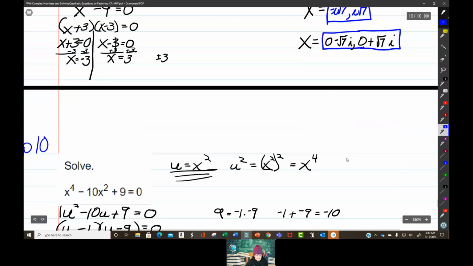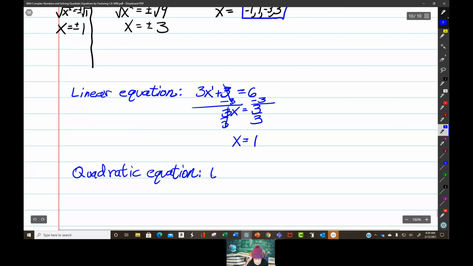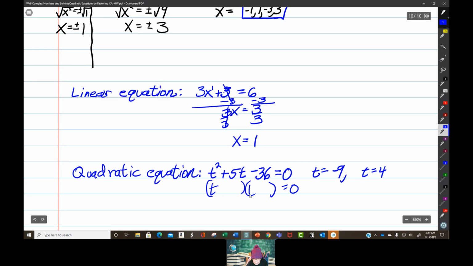T squared plus 5t minus 36. This was plus 9 minus 4.